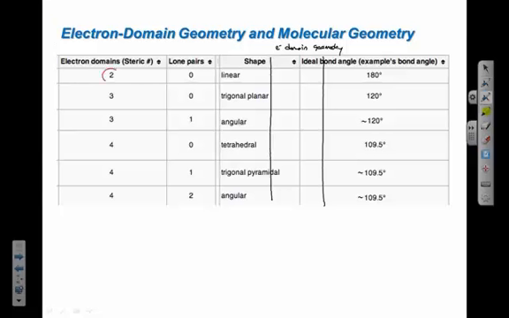If I've got 2 electron domains, that's going to be linear. If I've got 3 electron domains, that's going to be trigonal planar. If I've got 4 electron domains, that's tetrahedral. Tetra is a prefix that means 4. So if I have 0 lone pairs, then the molecular geometry and the electron group geometry are the same. See that here, here, and here.